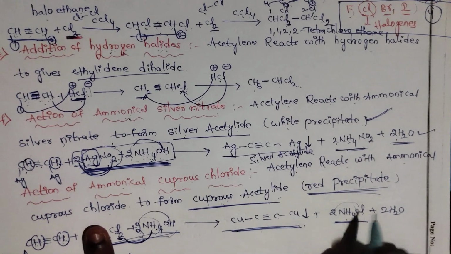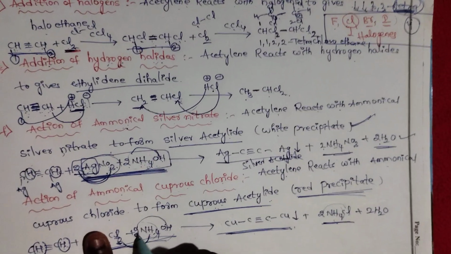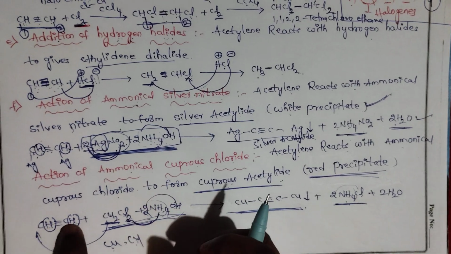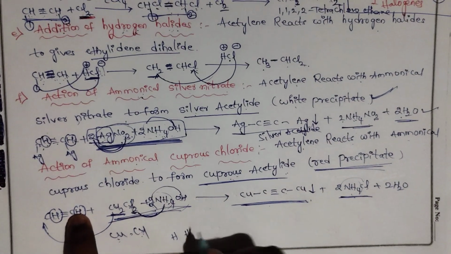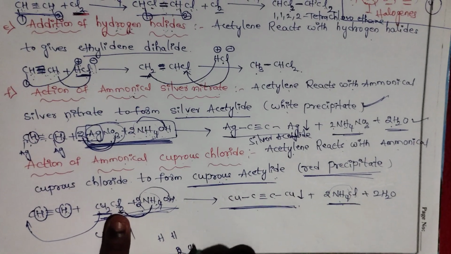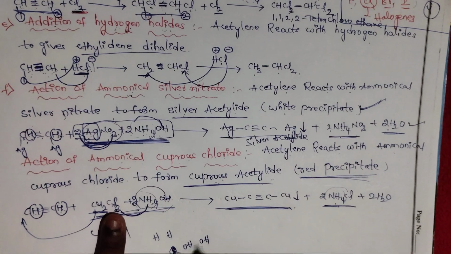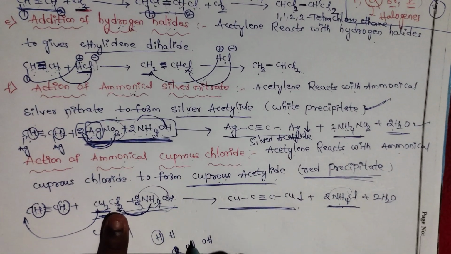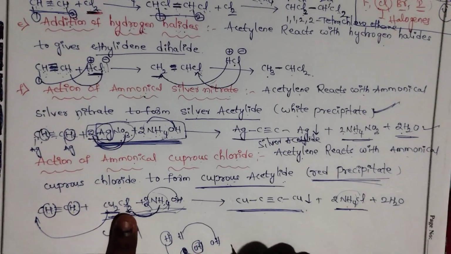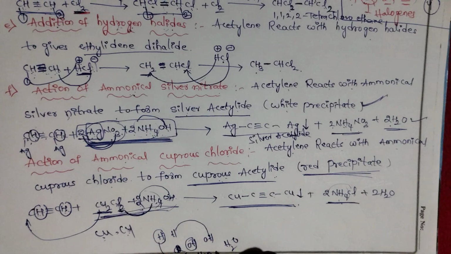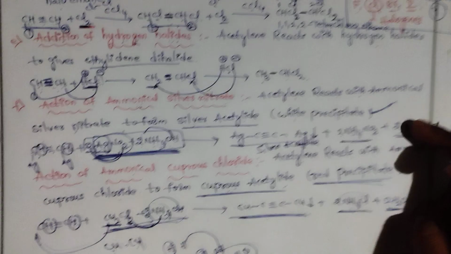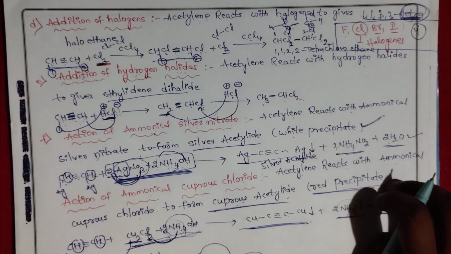Remaining, two hydroxides. The two hydrogens released and two OH groups: one hydrogen with one OH gives one water molecule, and another hydrogen with another OH gives another. So finally we get two water molecules as byproducts. Same phenomenon in these two reactions.